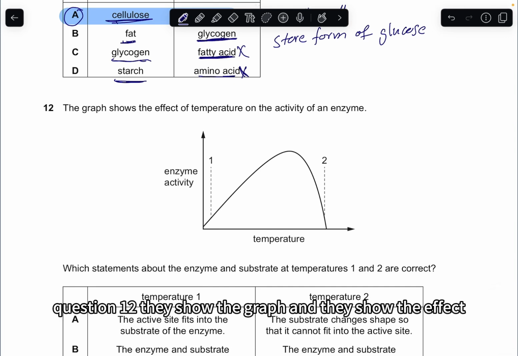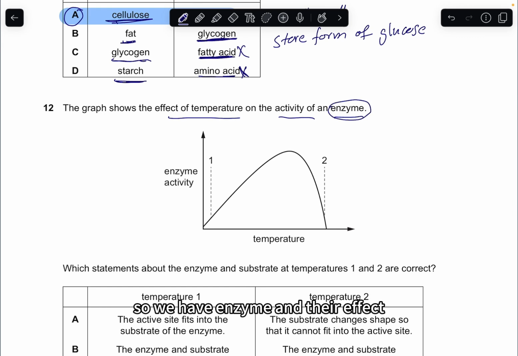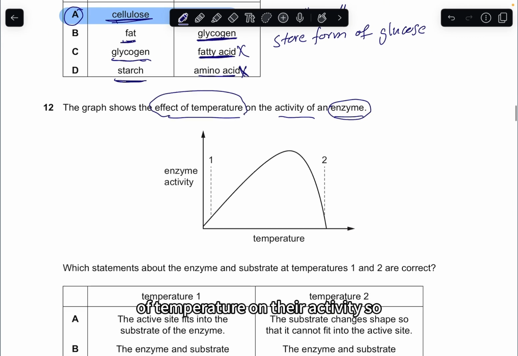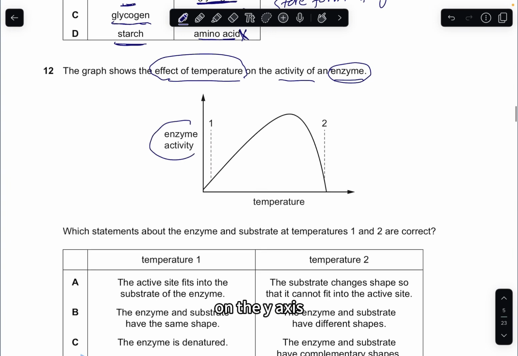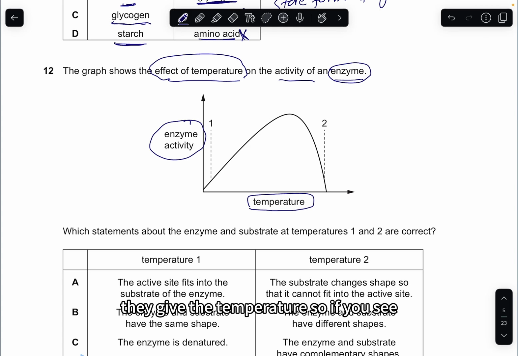Question 12, they show a graph of the effect of temperature on the activity of an enzyme. On the y-axis they give you the enzyme activity, and on the x-axis they give the temperature.